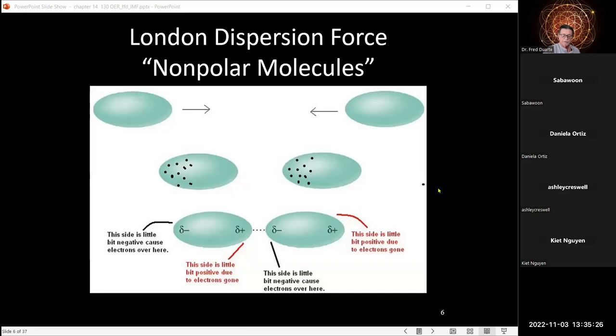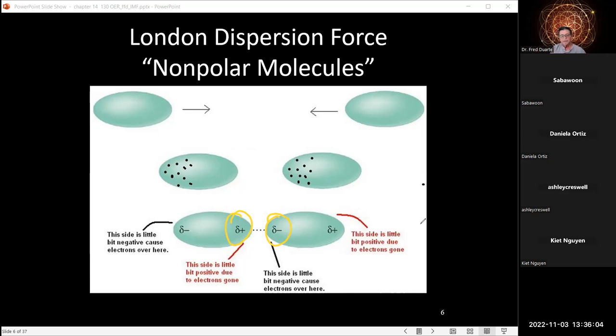All right, so this diagram here kind of shows you what's going on, sort of like the balloon example, where you have two nonpolar molecules coming together. The electrons from one push the electrons away from another, resulting in a partial temporary positive side and a partial negative side. So you can see how these molecules line up with other molecules because you're creating partial positive, partial negative groups, and you can see how they all line up.